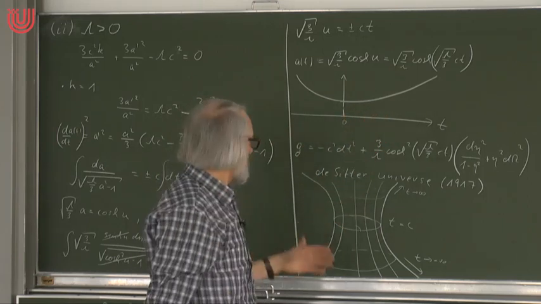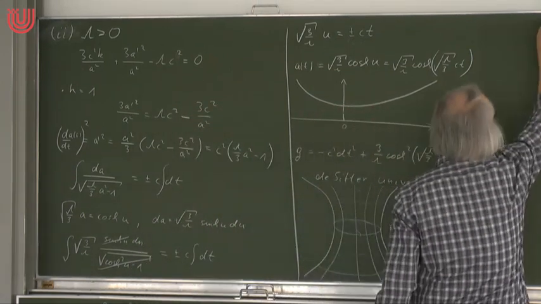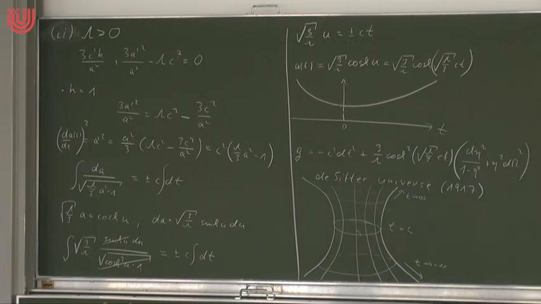And as that, it is a hyperboloid. Let me write this down. If you're interested, I can also give you the coordinate transformation to prove this. But I will not do this on the board because it is a little bit boring, and I don't want to waste my time with that. Where is the transformation?